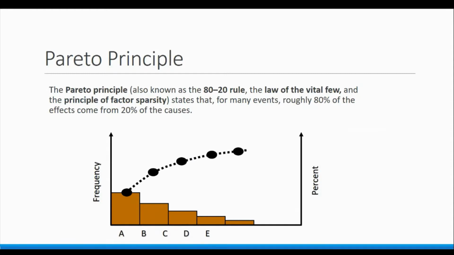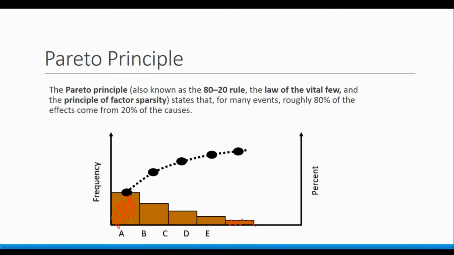So if a company is going to try to figure out how to get rid of defects, they should look at the defects that are causing the most trouble. So 80% of your troubles, of your complaints, are coming from 20% of your defects. In this one graph, for example, you can see how A happens more often than the last bar, E. Okay?